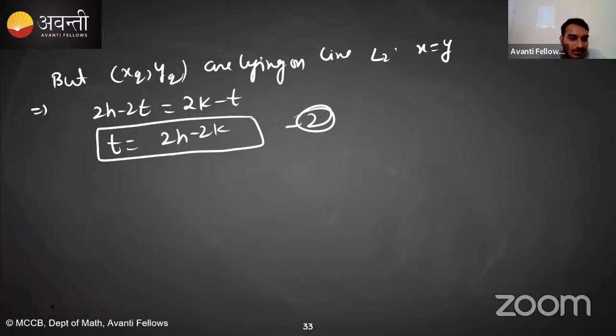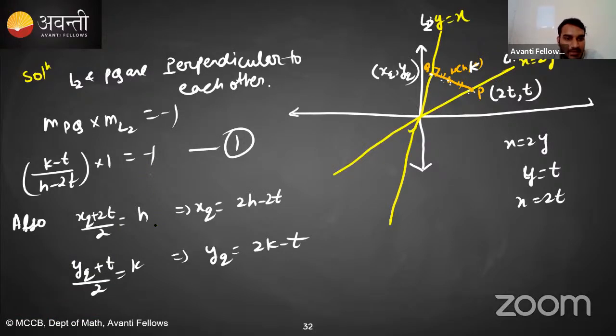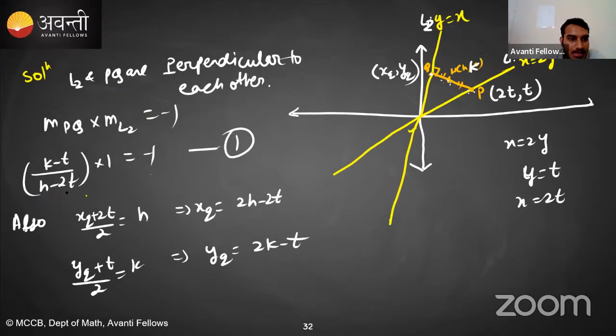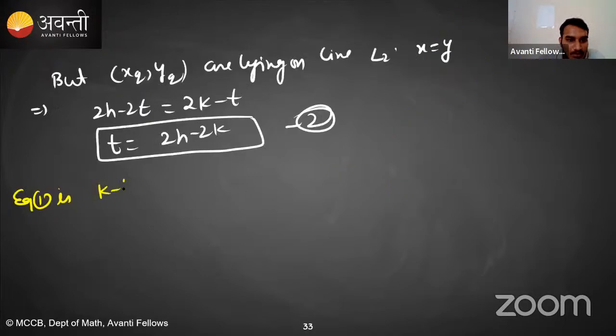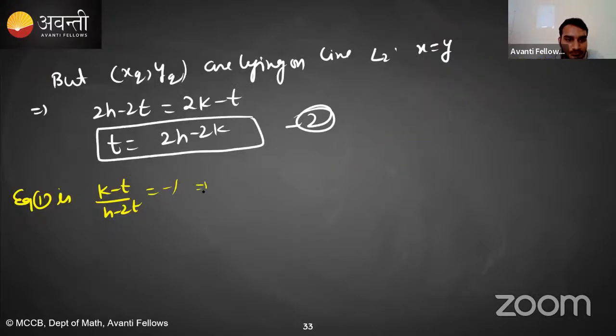Chalo. If it is clear, now let's solve equation 1 further. Equation 1 is (k - t) upon (h - 2t) equal to -1. Cross multiply. k - t is nothing but -h + 2t. So we get k + h is equal to 3t.